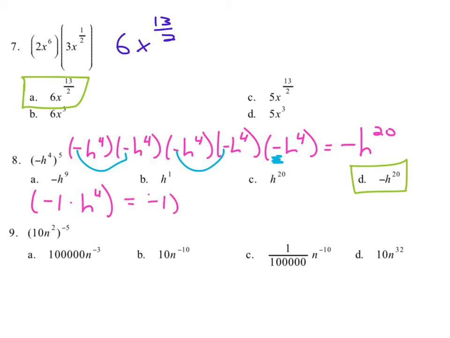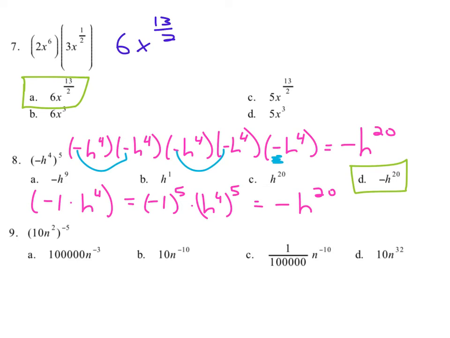So that becomes negative 1 to the fifth times h to the fourth to the fifth. Okay, and negative 1 to the fifth, again, negative 1 times negative 1 times negative 1 times negative 1 times negative 1 is negative 1, or negative, and then h to the fourth raised to the fifth is h to the 20th. Okay, just another way of thinking about how we got there.